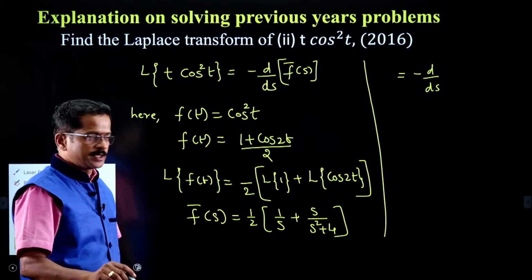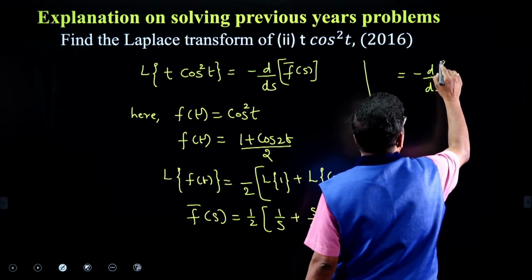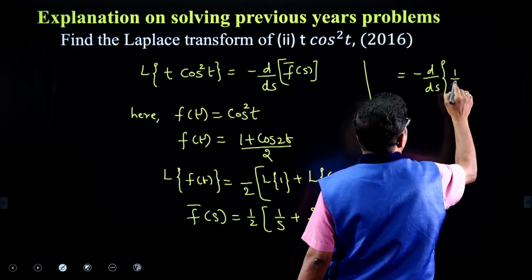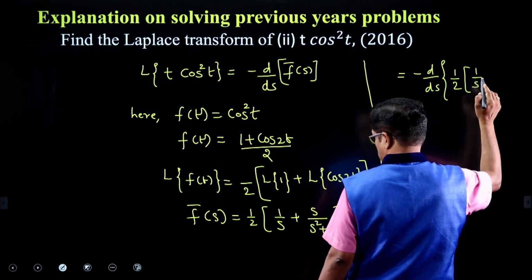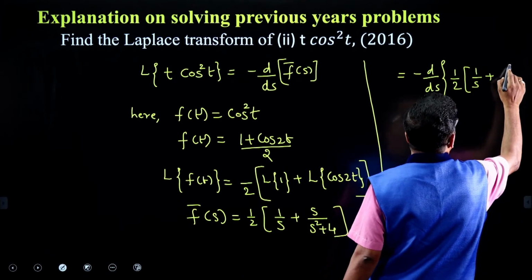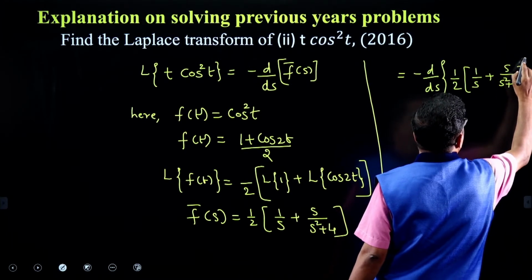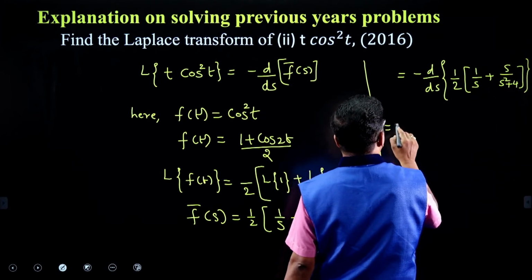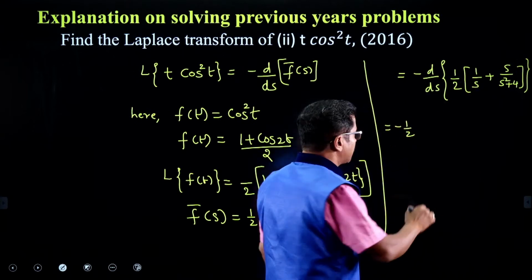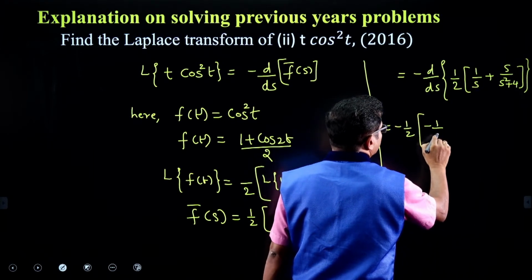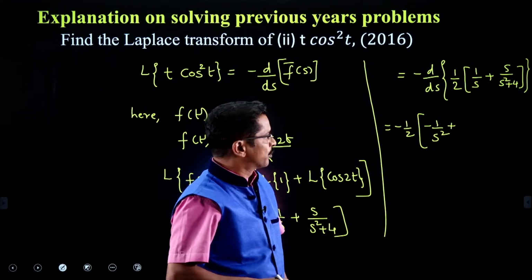Okay, I will continue here. So minus d by ds of 1 by 2 into 1 by s plus s by s square plus 4. You bring out 1 by 2, then d by ds of 1 by s is minus 1 by s square, plus the derivative of s by s square plus 4.